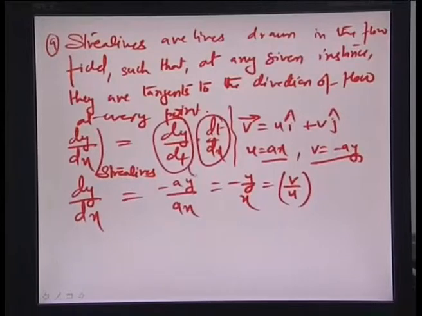dy by dt is v, the rate of variation of y with respect to time, and dt by dx is 1 by dx by dt, that is 1 by u, the rate of variation of x with respect to time.